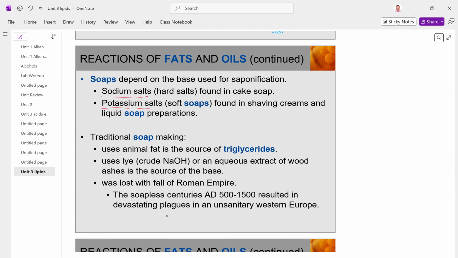Now, in our lab last week, we used sodium hydroxide or lye to produce our soap. That's why our soap ended up being hard. If we were to use potassium hydroxide, we would end up with a liquid soap.